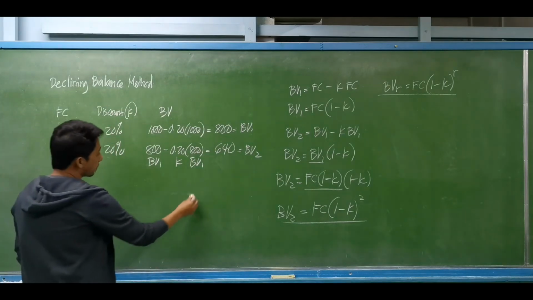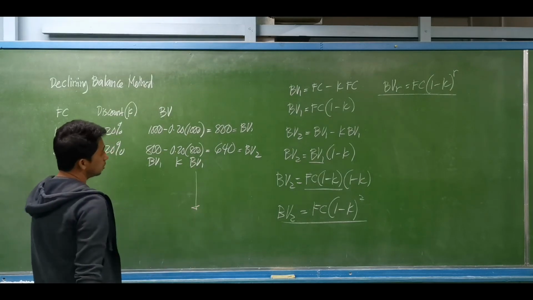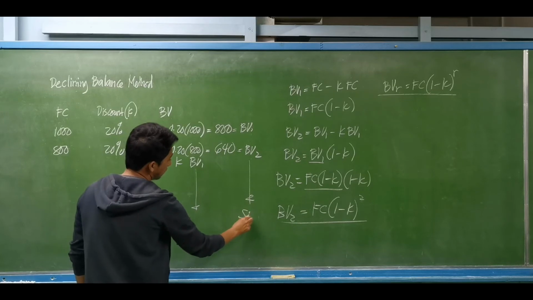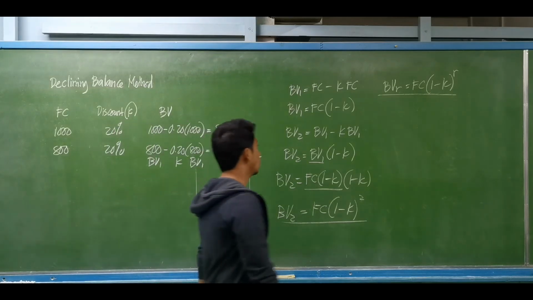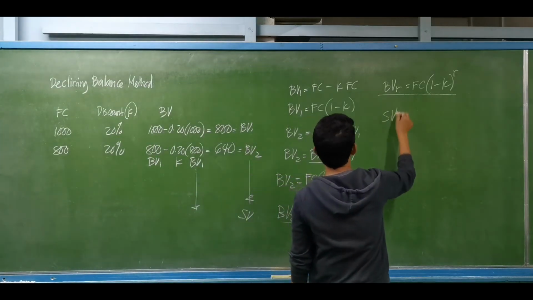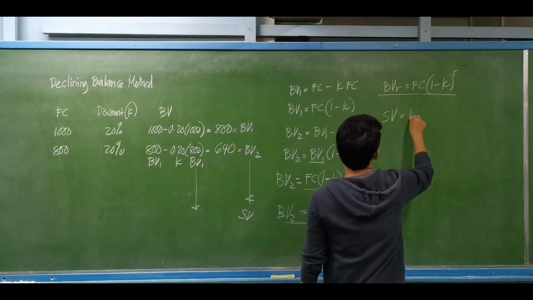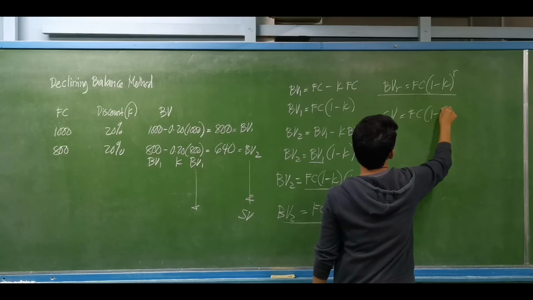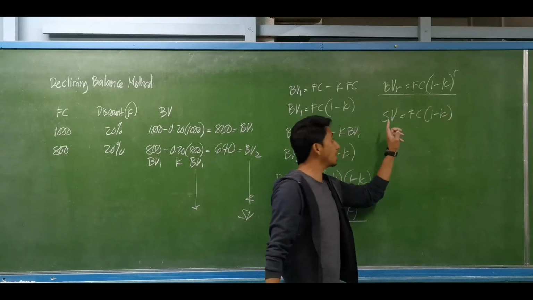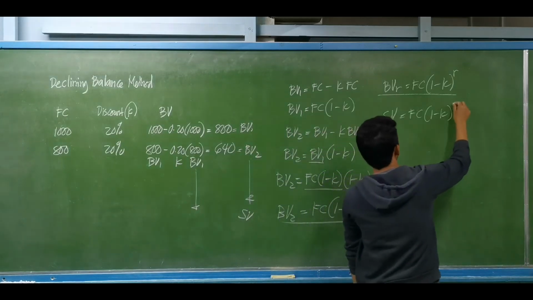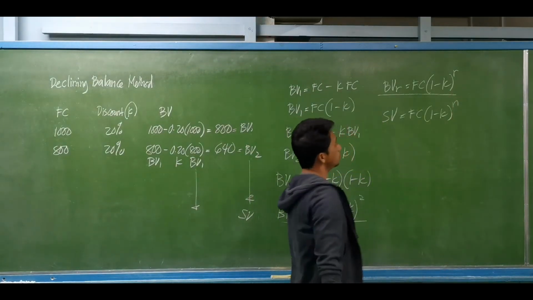On the last process, your last book value will be the salvage value. So the salvage value is equal to the first cost multiplied by 1 minus K. If it is the salvage value, that is at the end of the useful life, so this should be raised to n.